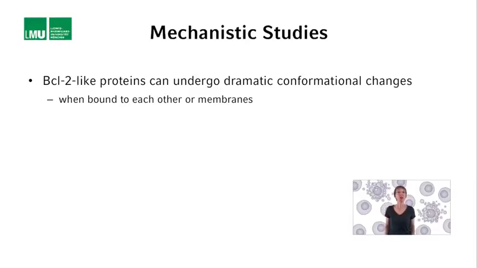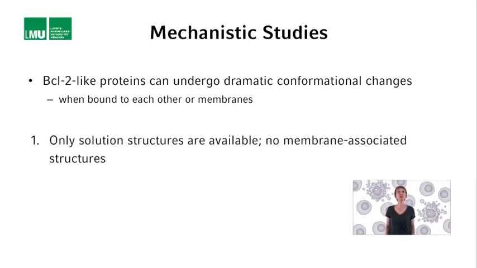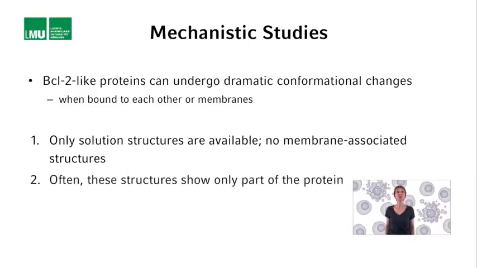And unfortunately, we so far have only solution structures, but not structures of BCL2-like proteins associated with membranes or with each other. And often the solution structures were done with parts of the proteins and not with the full-length proteins. This is technically all very challenging, which is the reason that such structures have not been generated yet.